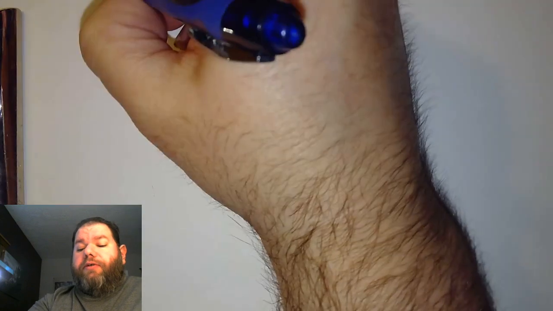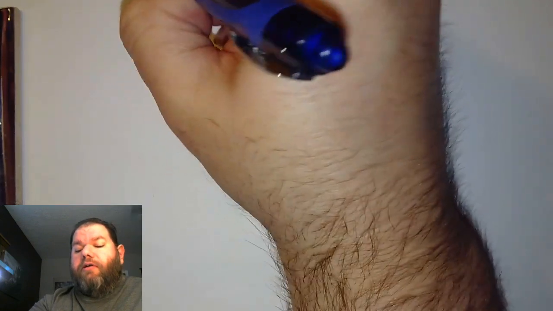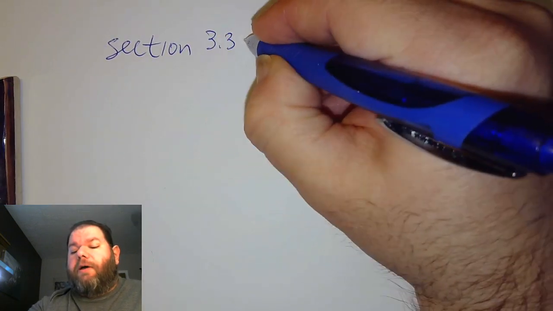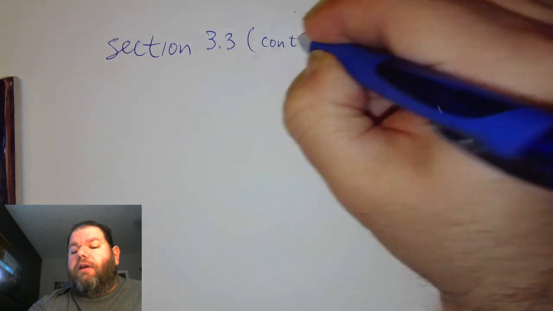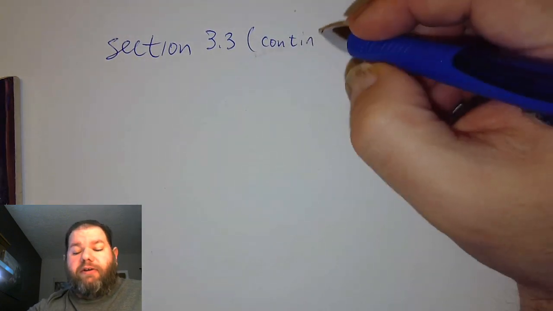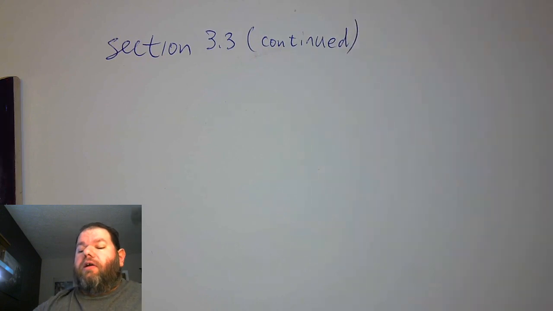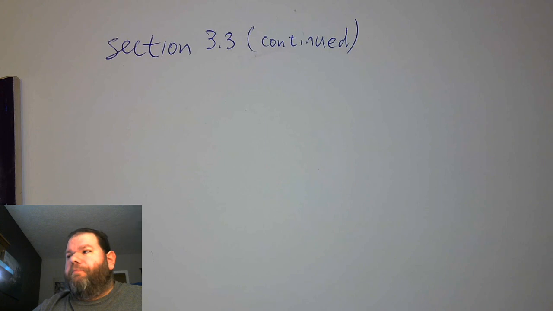So last time in section 3.3, we talked about increasing, decreasing, and when a function is constant. This time we'll talk about what we call local and absolute extrema.